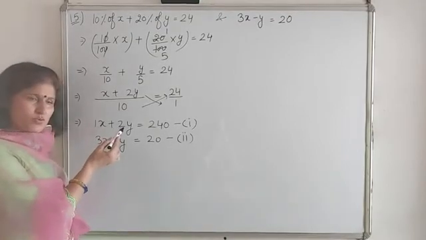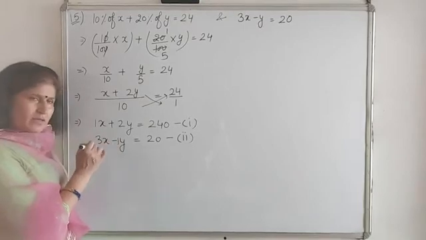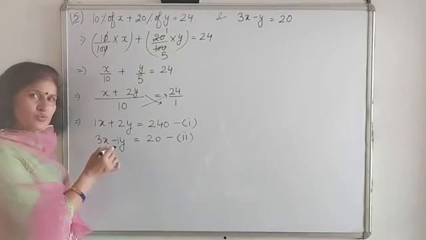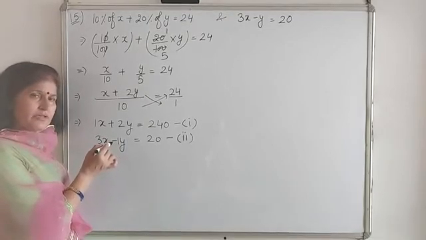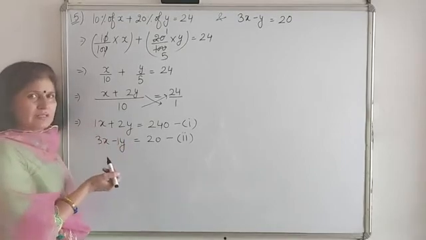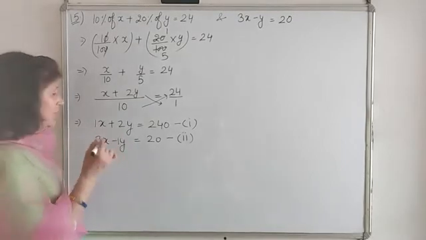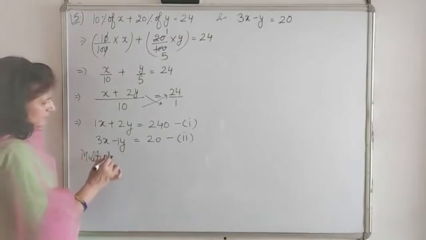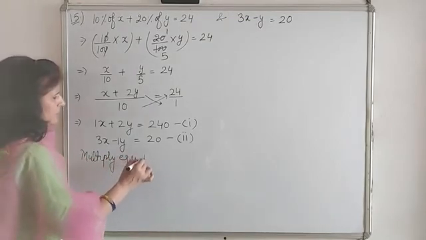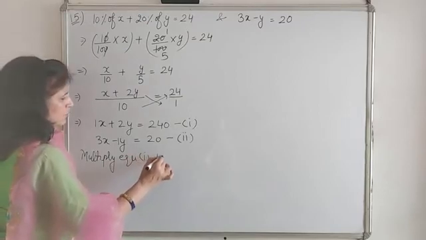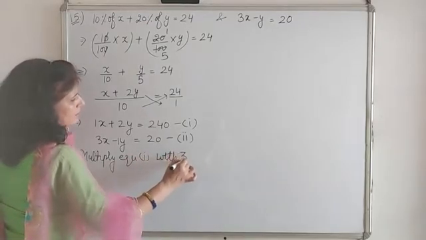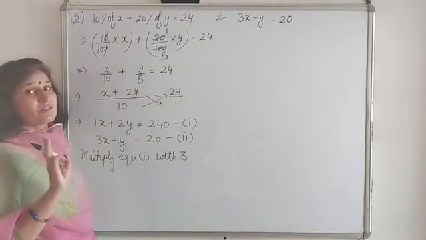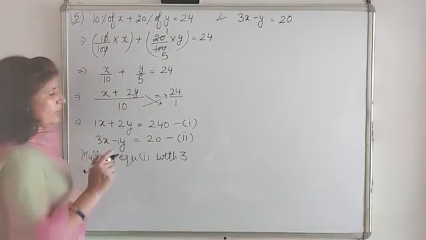Otherwise, here it is 2 and here it is 1y, so you have to multiply this equation by 2 to make it 2. Like this you can equate any one. Okay? Multiply equation first with 3. 3 means table of 3.